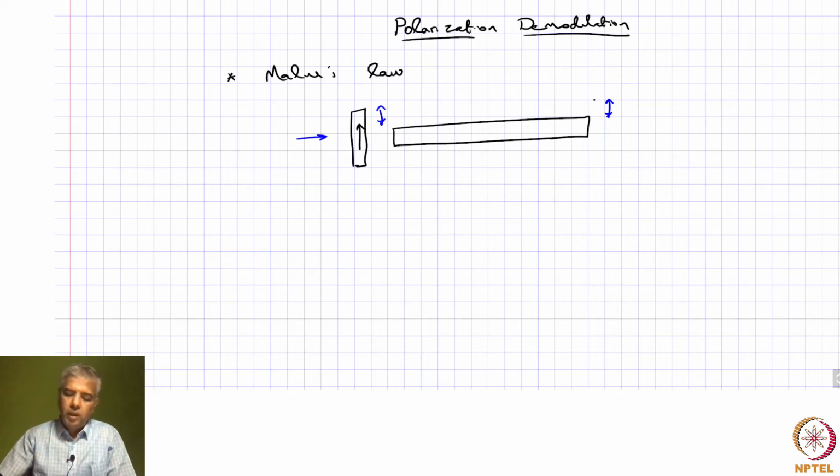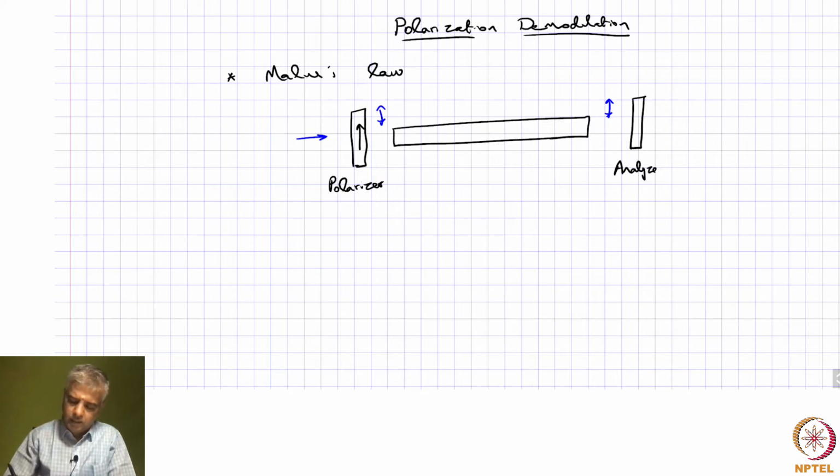Well, one way you could possibly do that is, just like you had a polarizer here, you have another polarizer over here, which we call an analyzer, and let's say it's originally oriented vertically, so it allows vertical polarization to go through. But you do a certain rotation.